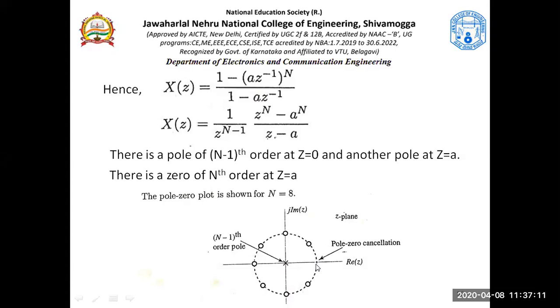So a zero, a pole and a zero getting overlapped would cancel each other. That's why that 8th zero and the pole at z equal to a is not shown here. Everybody understand? So seeing this, you should decide there are z to the power n, that means n number of zeros, a pole at z equal to a, and n minus 1 poles at z equal to 0.